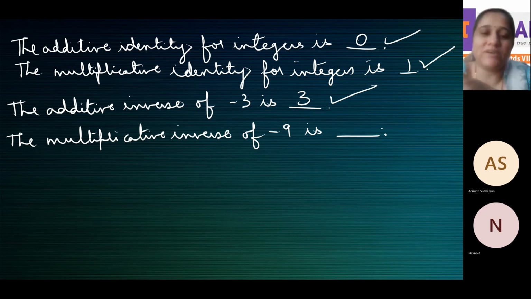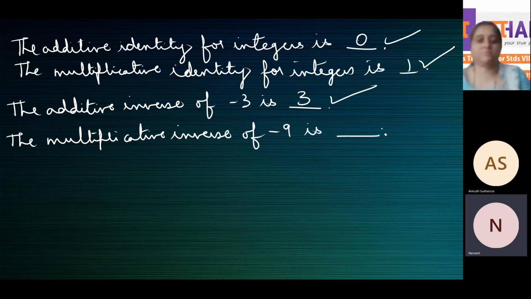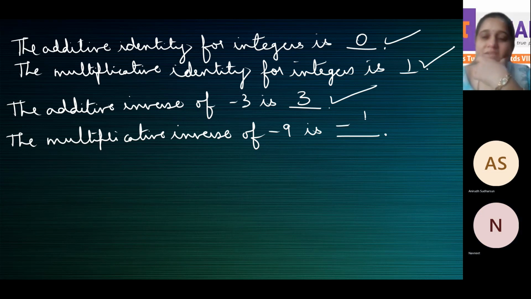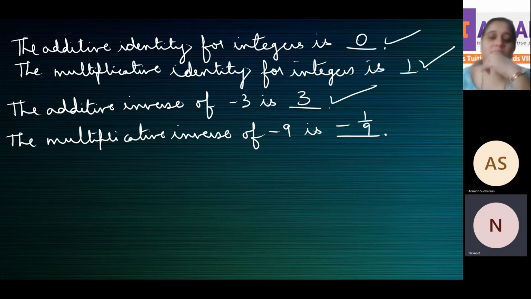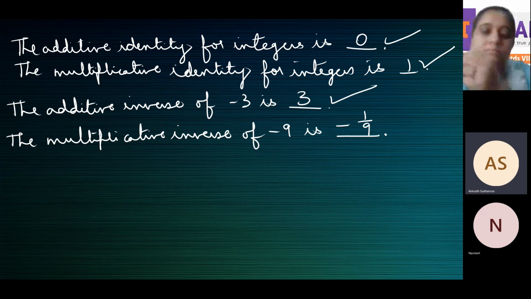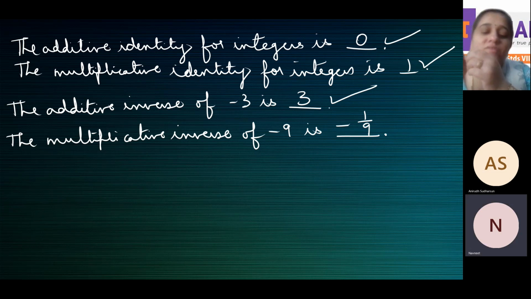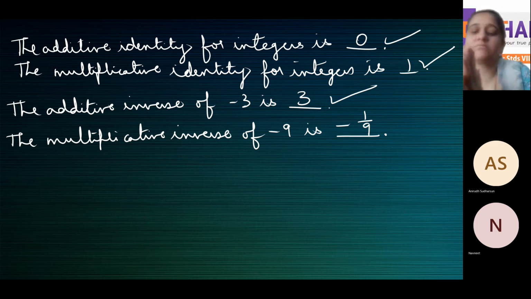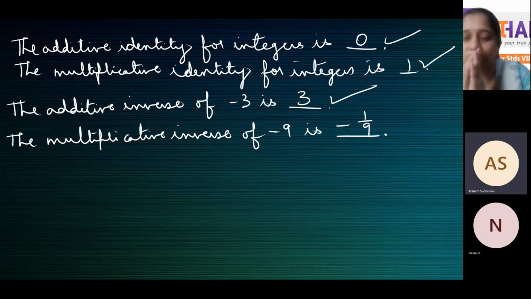But for multiplicative inverse, change the number. Don't change the sign. The answer is -1/9. Ma'am, so in the multiplicative inverse and also in the additive inverse, we should change the sign and also put 1/9? Multiplicative inverse, you must change only the number. Additive inverse, you should change the sign. Okay, ma'am.